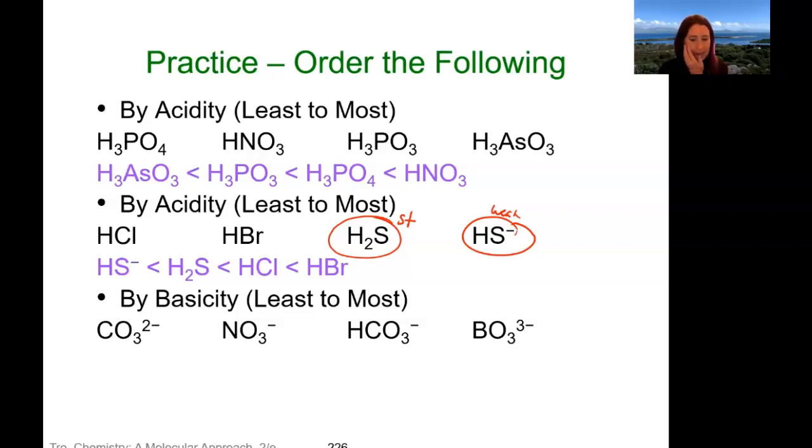Okay, so which one do you think is the least here? Which one do you think has the lowest pH of all of these? Waiting for a second on this one.